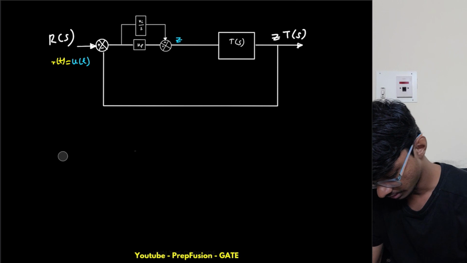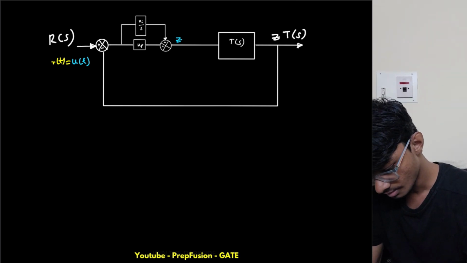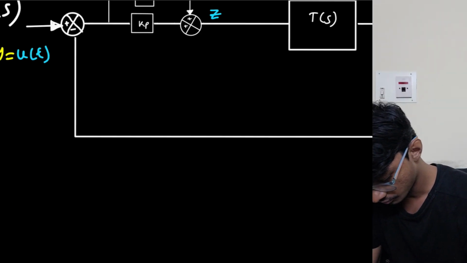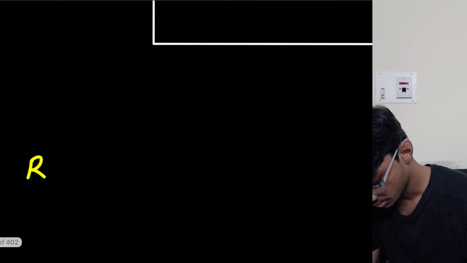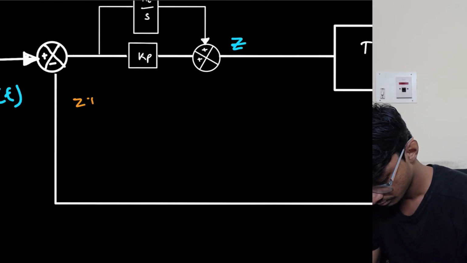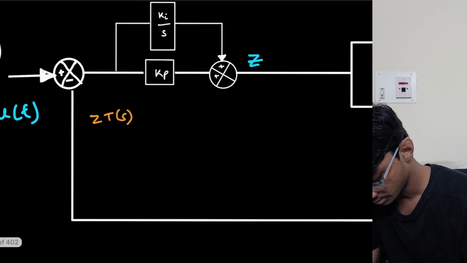Let me write this in a better manner. What will this point be called? This point will be called z into t of s, and this is r of s.